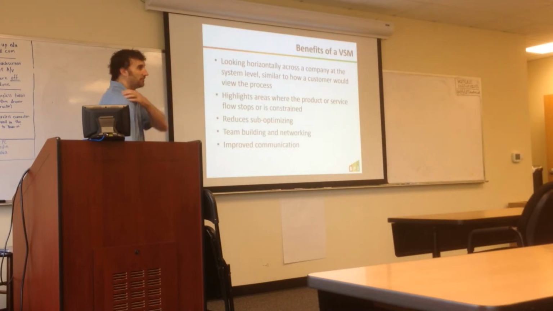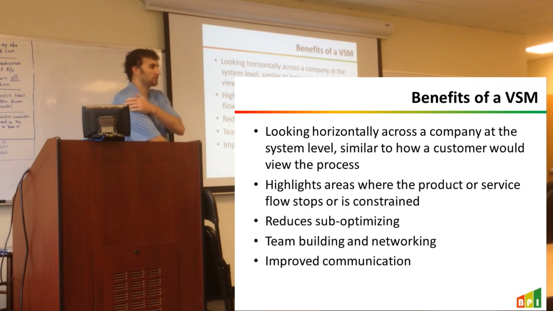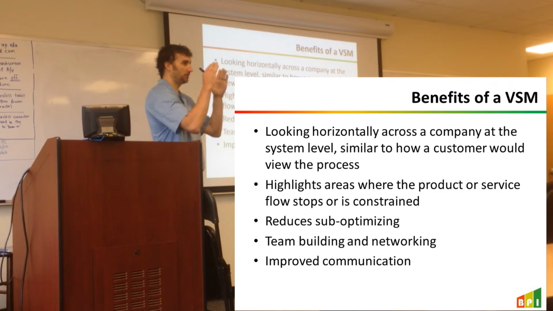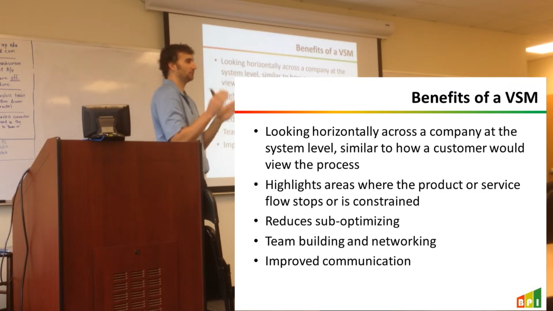Okay, so the benefits of a value stream map are, it allows you to look horizontally across an organization or company. The traditional model is, we are set up in our org structures and hierarchies to be vertical silos. We have a department that we work for, and our manager drives a lot of what we work on.